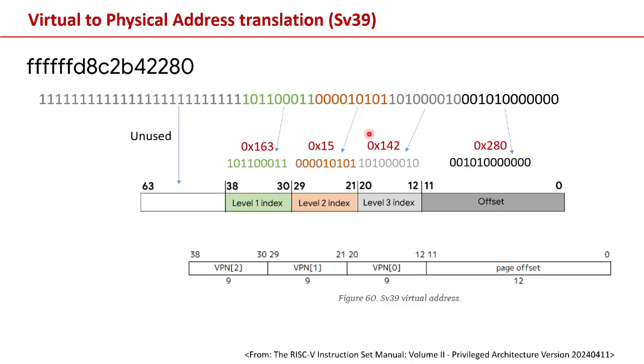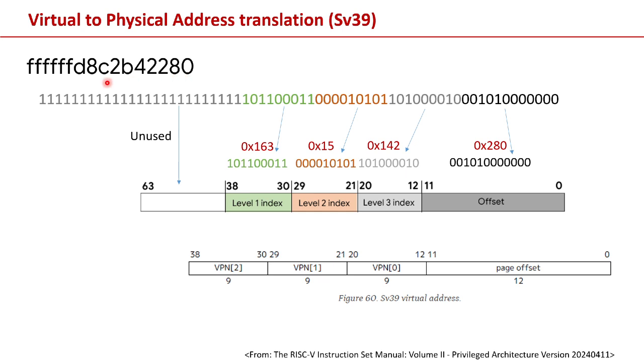The third important background knowledge is about how the virtual address can be used as the index to find the page table entry. So here is an example, the virtual address to be translated. As you can see, this virtual address is in hexadecimal format. As you know, if you look at the kernel log, or if you make use of any debugging tool, addresses can be represented using hexadecimal format.